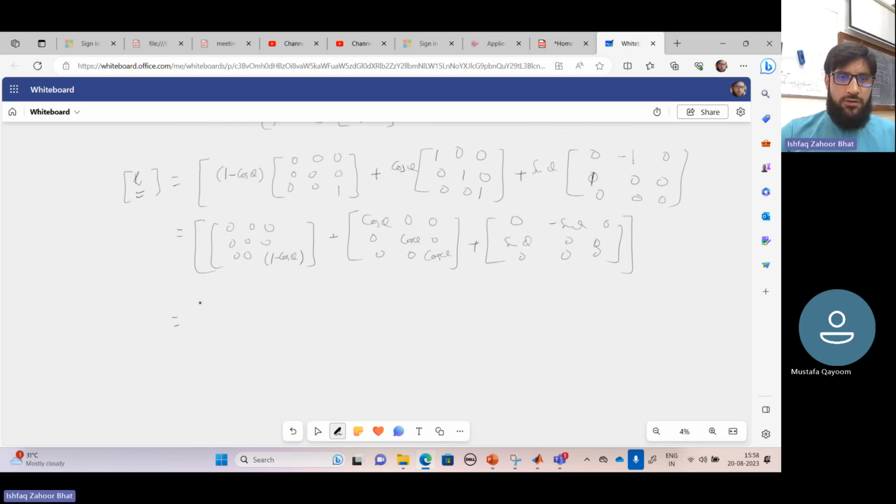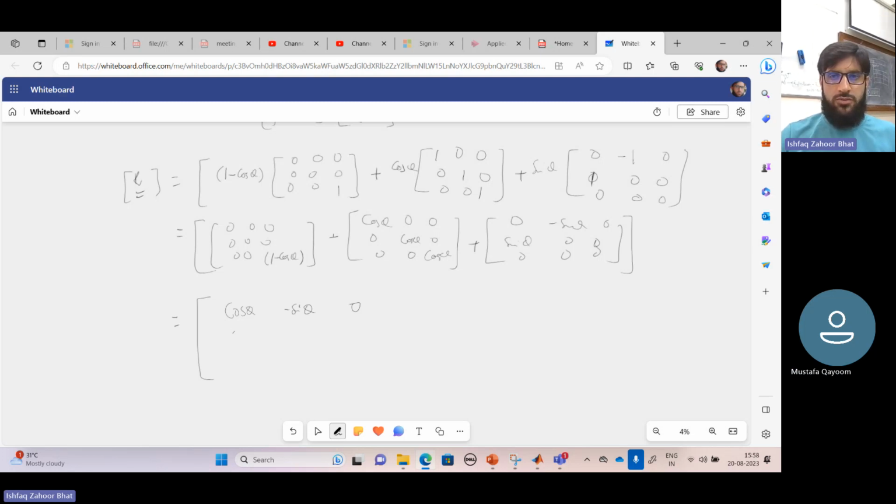So this will be equal to. All of these are 3 by 3 matrices, so I can add them component wise. So I can add this, this, and this. I will get cos of theta, minus sine of theta, and 0, then 0.